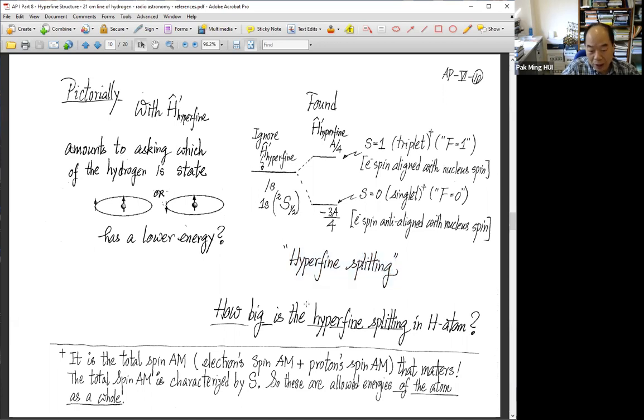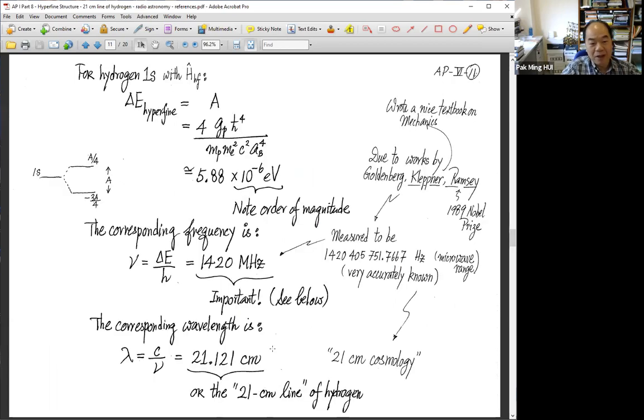So now we want to look at how fine, or how small, I should have said, how small but not how big, is this hyperfine splitting. That has to do with the prefactor A, which is an energy, the energy scale of hyperfine structure. Here, I could not derive it for you. It is out of the scope of our course, but I would like to give you the ballpark number.